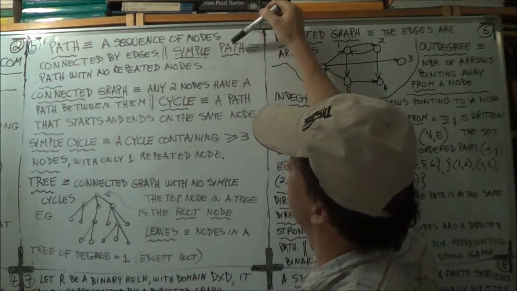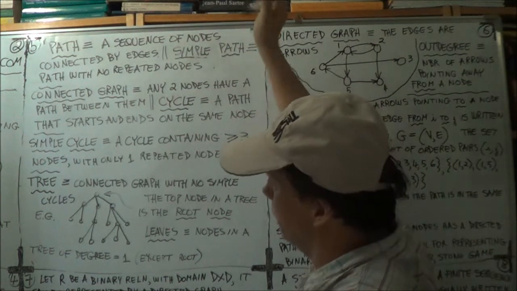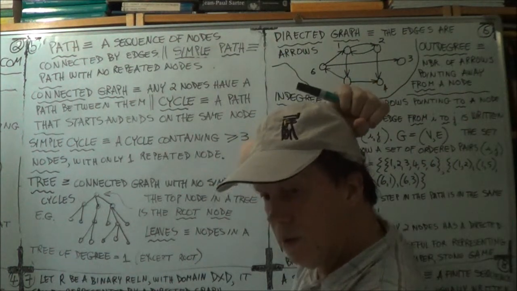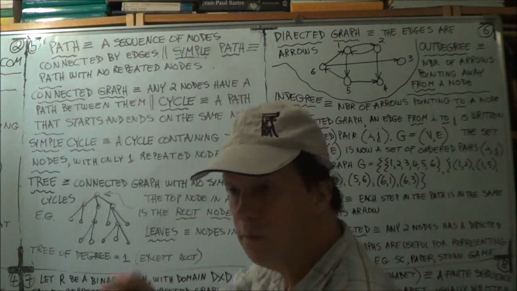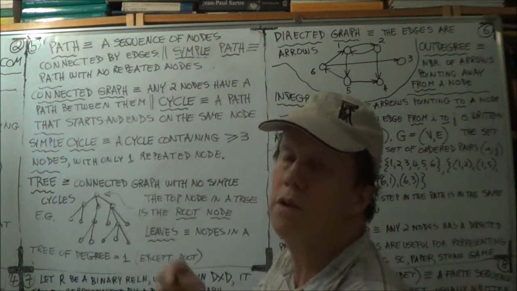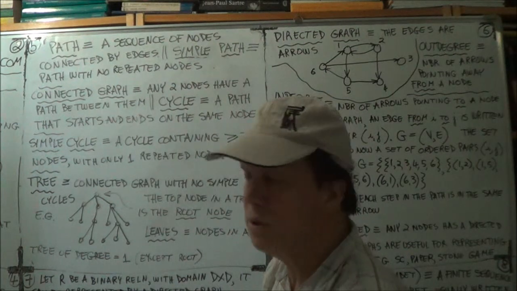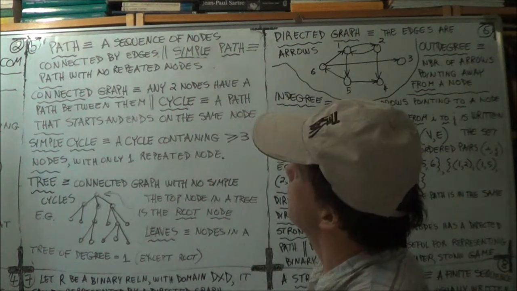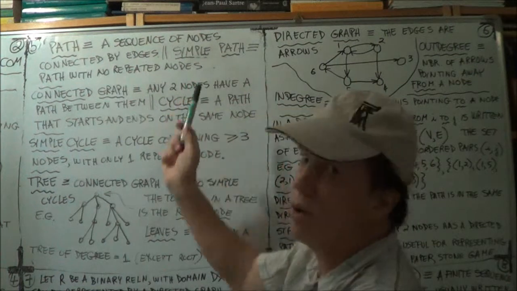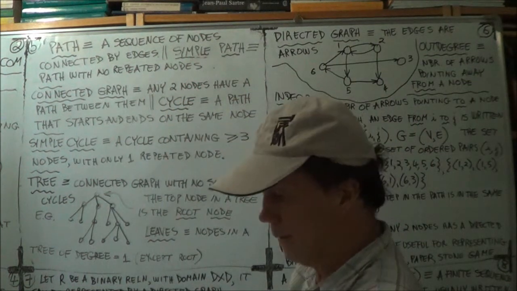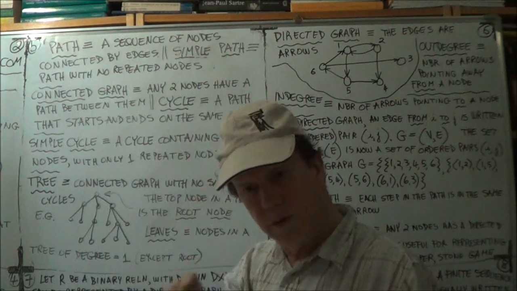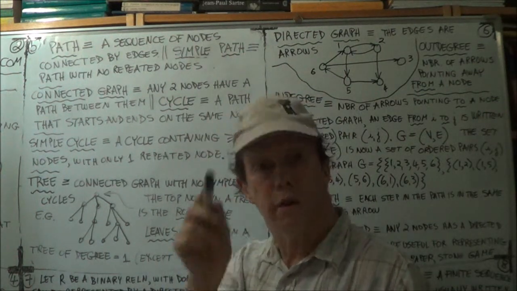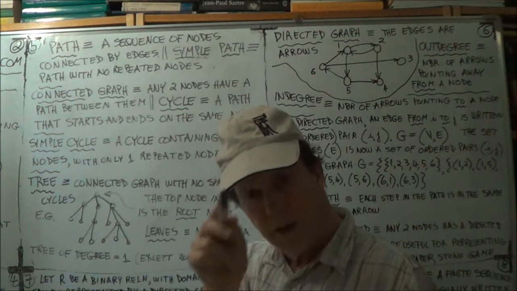What's a simple path? A simple path is one where there's no repetition of nodes. Like each step you go to a new node that's not been touched before, in a sense, right? Which is a simple path. So no repeated nodes. Say you had nodes in the form of a figure of 8, like this.